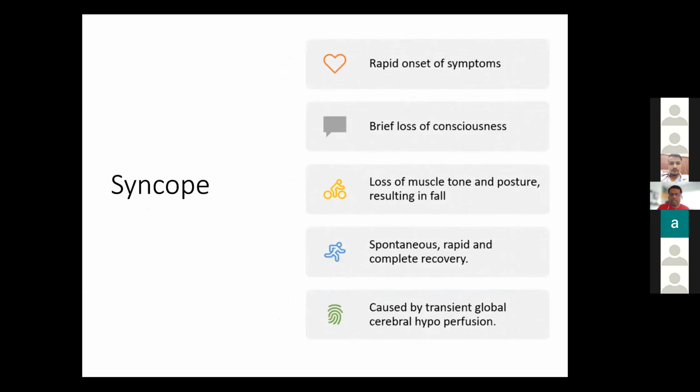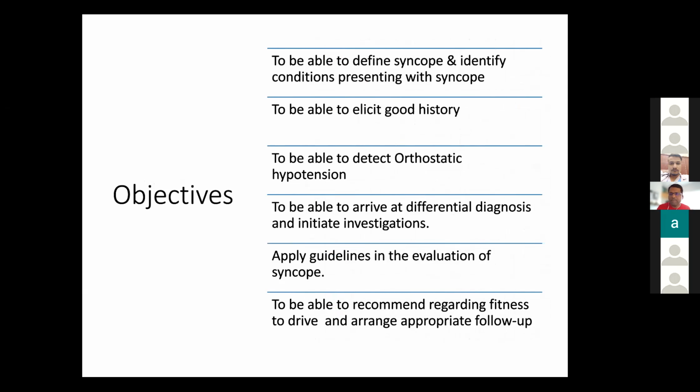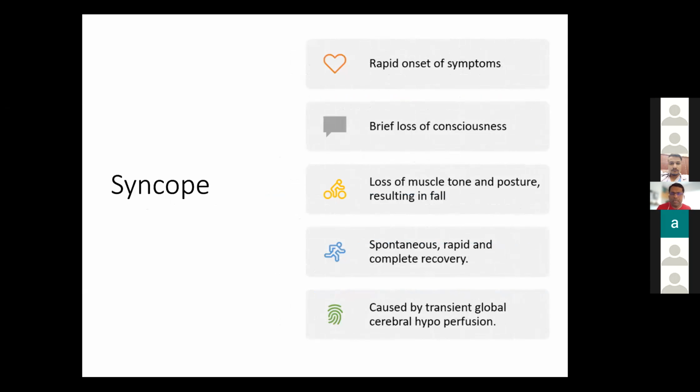Fine. Syncope. So how do you define syncope? It's a rapid onset of symptoms caused by brief loss of consciousness, which involves loss of muscle tone and posture resulting in a fall, but it has spontaneous and rapid complete recovery. That is very important. The recovery is spontaneous, rapid, and complete, and that underpins the definition.